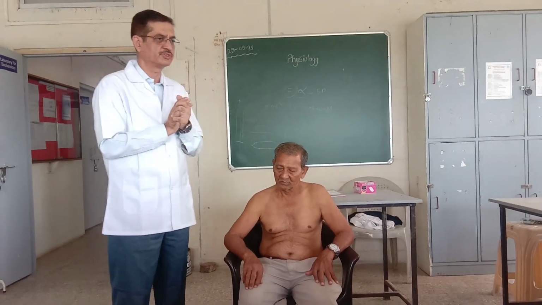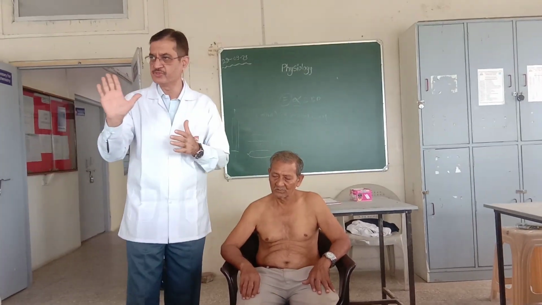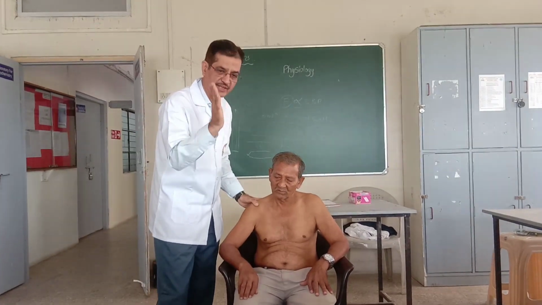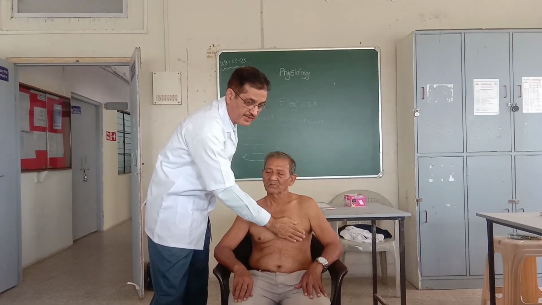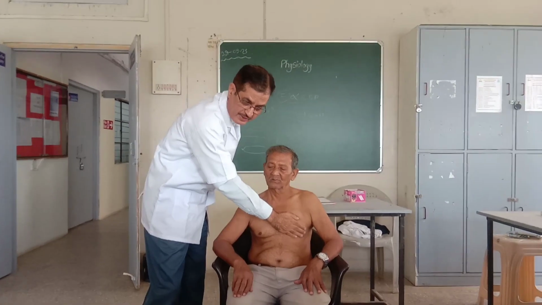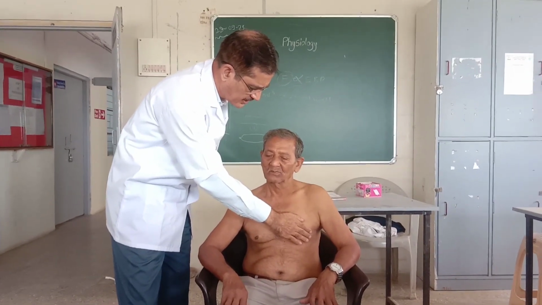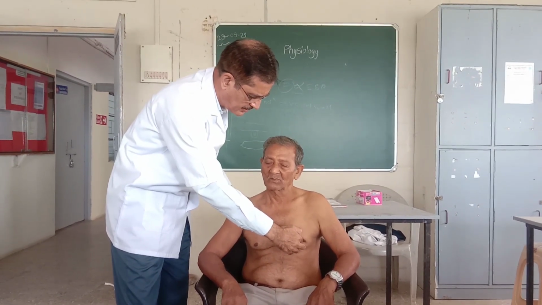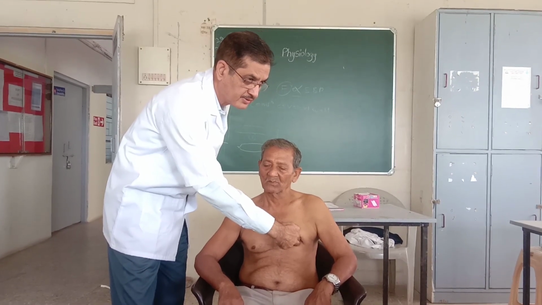Now I am going to demonstrate how to palpate the apex beat. For that you have to use your whole hand. Place your hand on the precordial region. I have placed my hand on the precordial region, and slowly with the help of two fingers try to locate the apex beat.